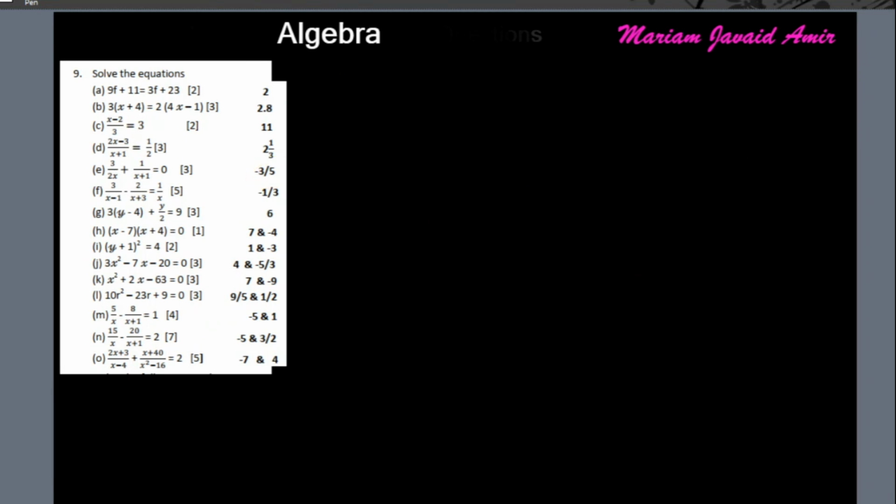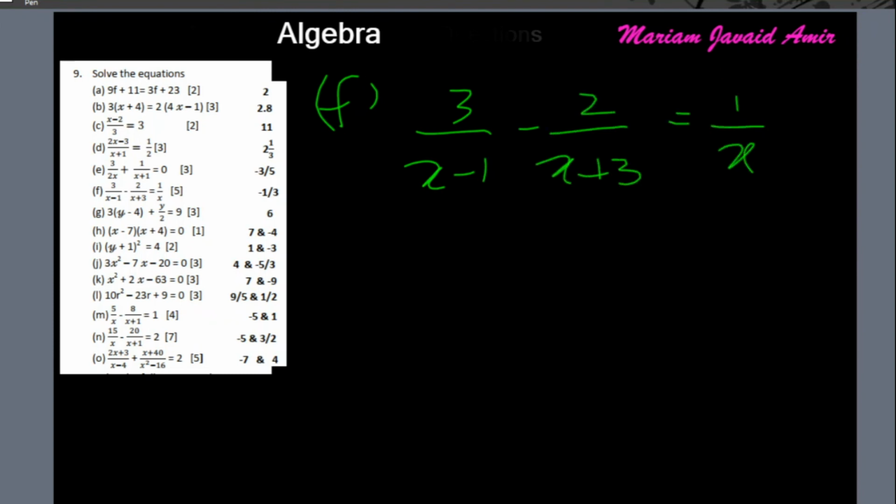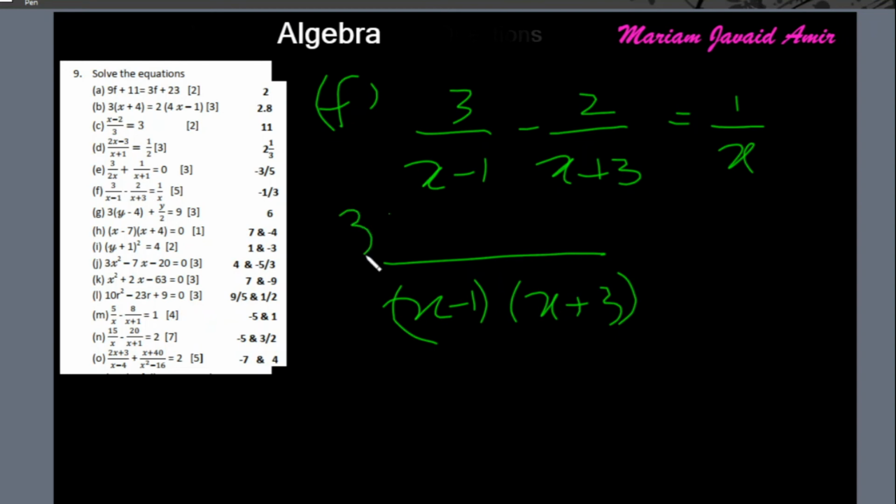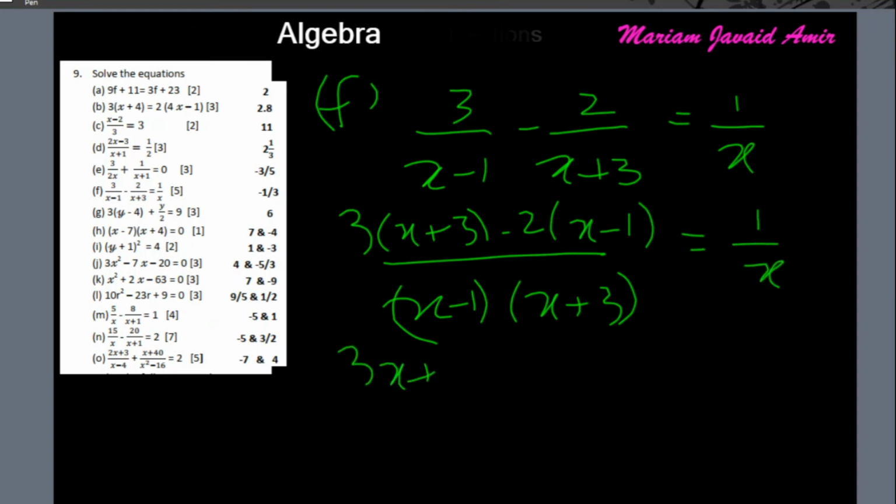This is part E. Part F is 3 over x minus 1 minus 2 over x plus 3 equals 1 over x. Now we do have to take LCM first because we have one fraction at the right as well. So this becomes 3x plus 3 minus 2x minus 1 equals 1 over x. So this becomes 3x plus 9 minus 2x plus 4.